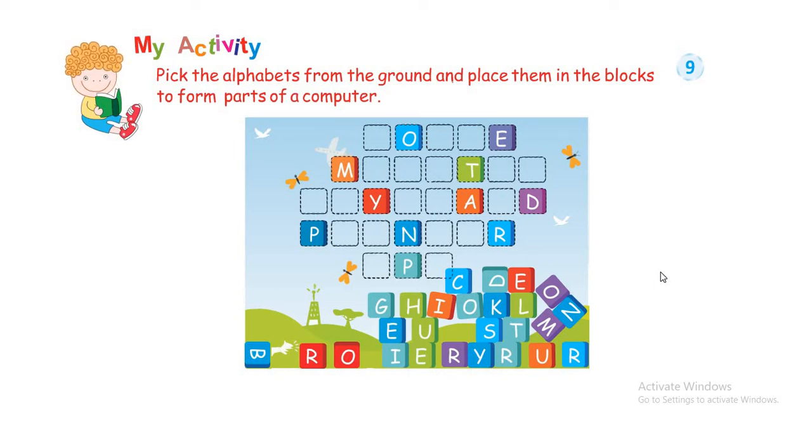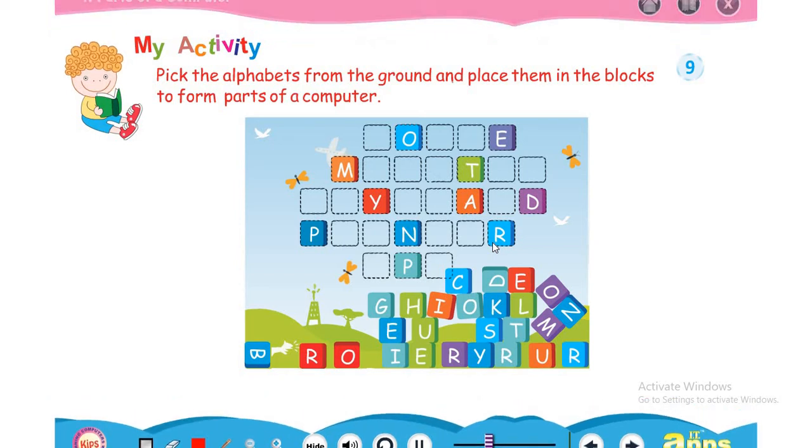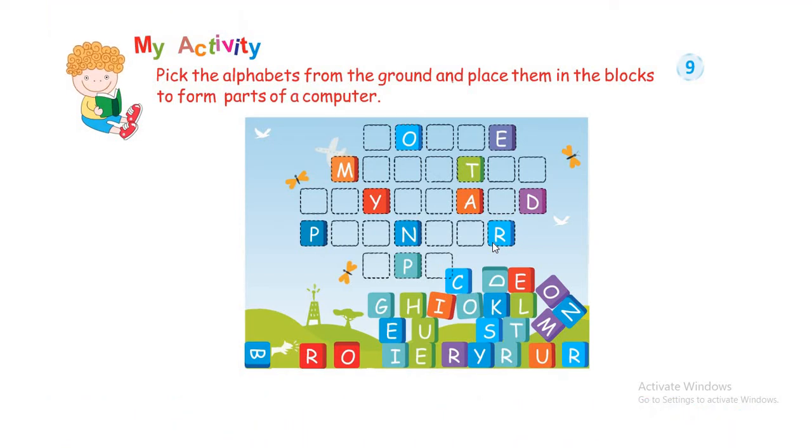Okay, so now we start with the next activity on page number 26. You also have to do this activity in your textbook. So first one, you have to pick an alphabet and drag it into the blocks.